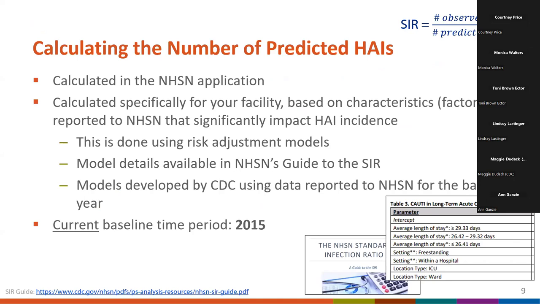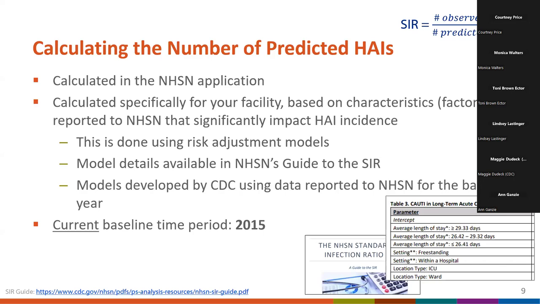Okay, so as I mentioned before, the number of predicted HAIs is calculated by the NHSN system, and it is calculated specifically for your facility using a type of regression model, what we refer to as risk adjustment models. So these models will look at characteristics of your facility, and they will take into account the types of characteristics that play a significant role in the incidence of that particular type of HAI.